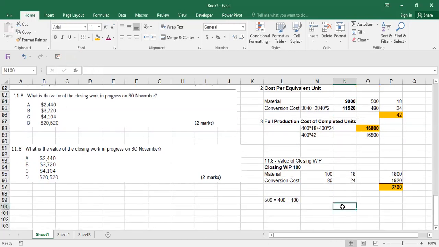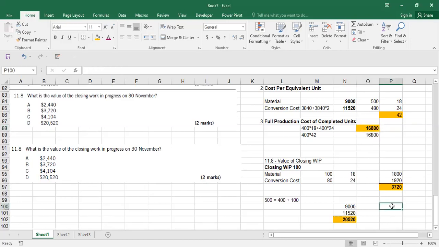Your total cost was 9,000 plus 11,520, and the total amount is 20,520. Now we want to see how much of this 20,520 is within the closing inventory and how much of this has gone to the completed units.